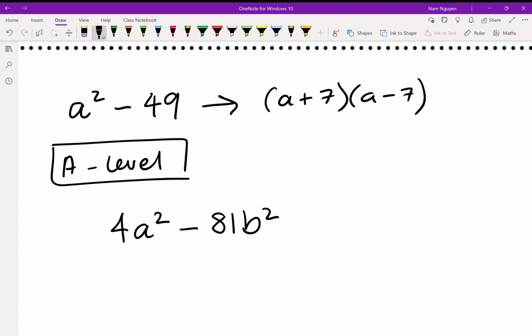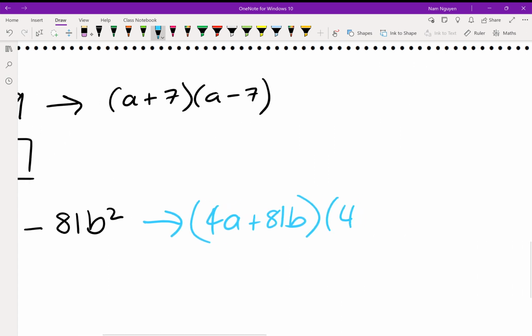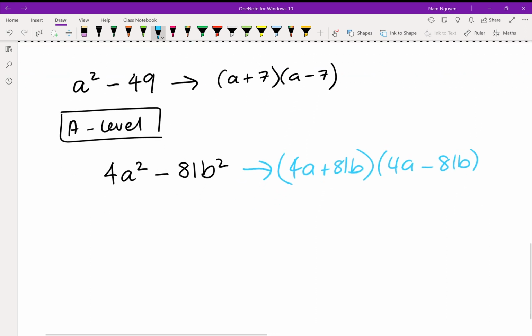So here is where people would answer this kind of correctly, okay? They would go, that's 4a plus 81b times 4a minus 81b. So that is like half right.